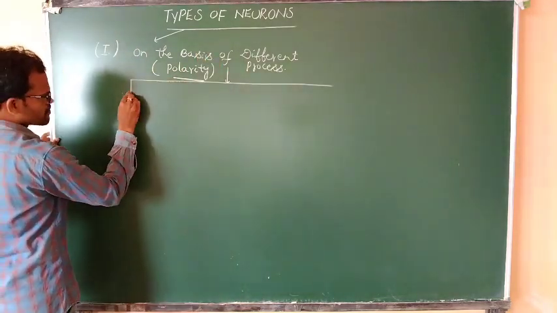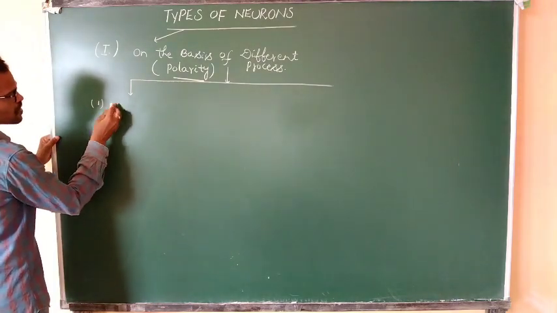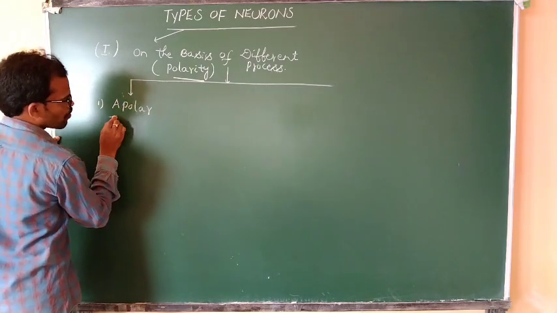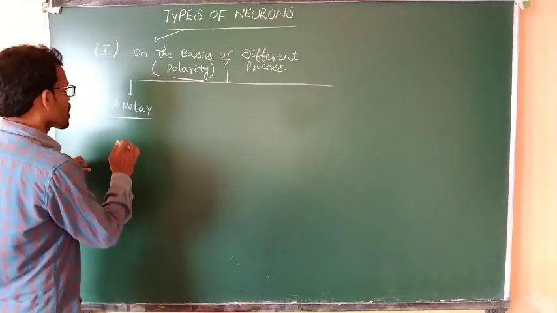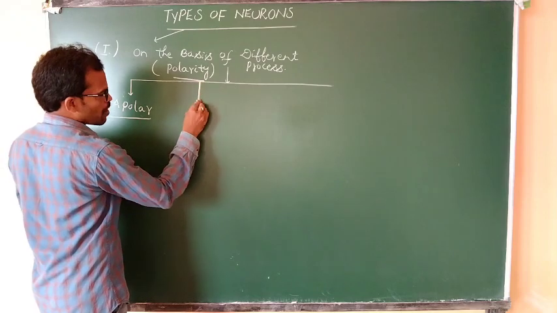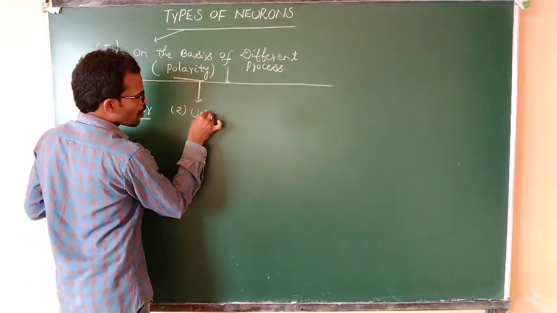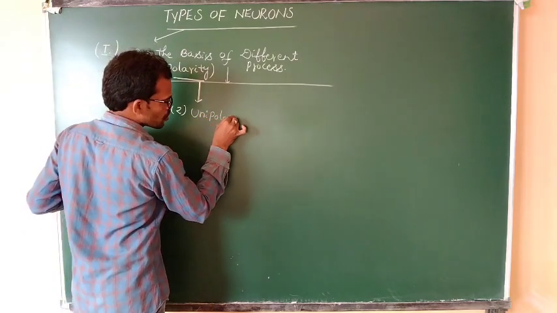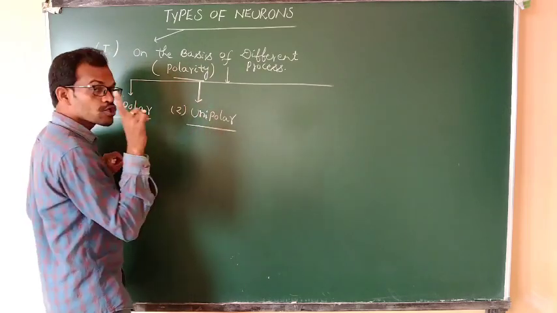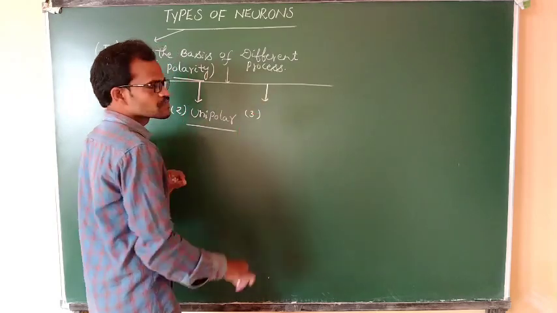What is the first type of neurons? Apolar neurons. What is the second type of neurons? Unipolar neurons. What is the third?